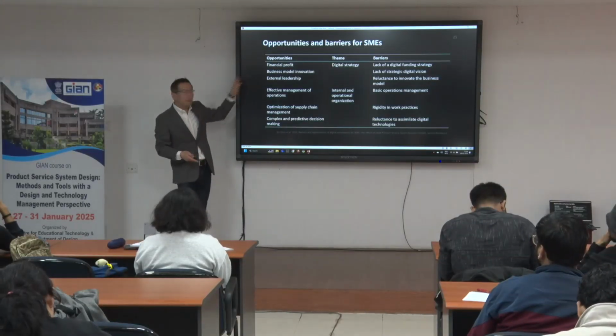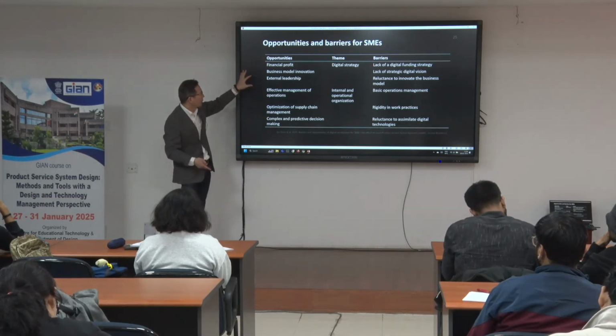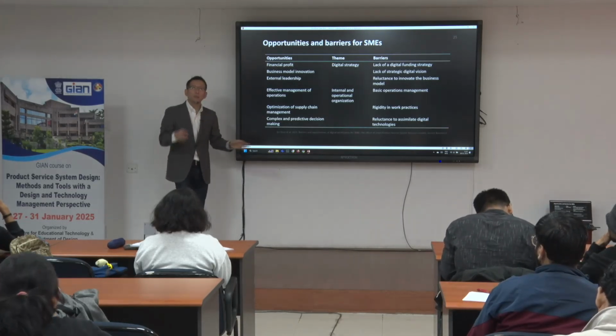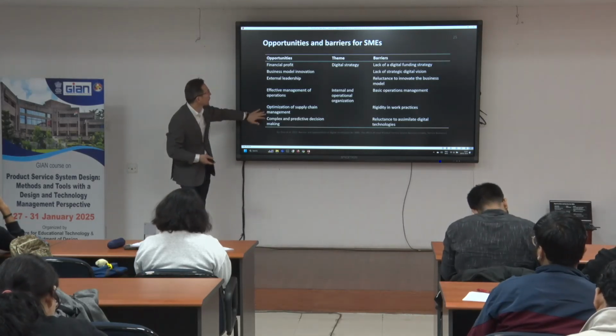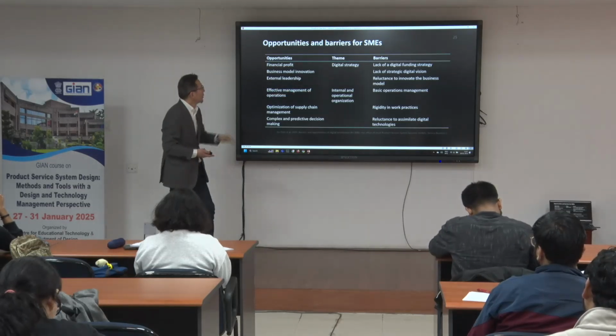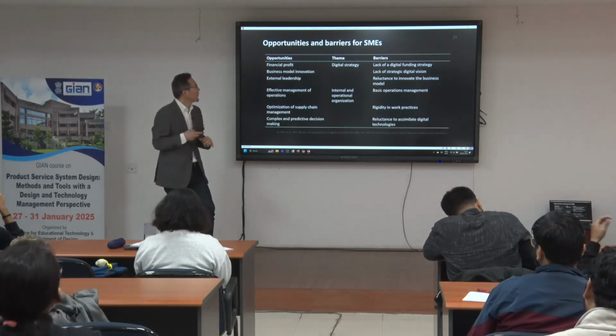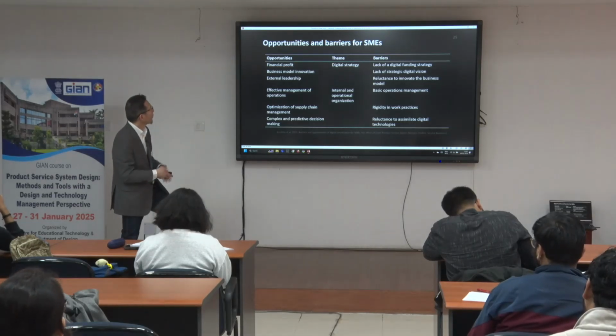If you look at the left-hand side, I think these are quite understandable, especially in the context of small or medium-sized companies. Some are about digital strategy, some are about internal and operational organization related issues.